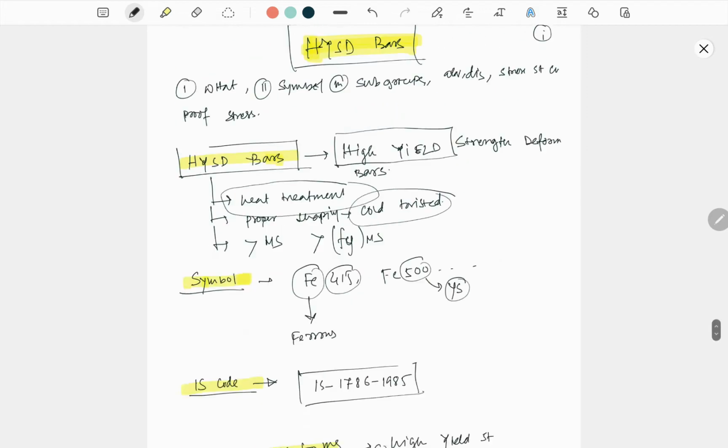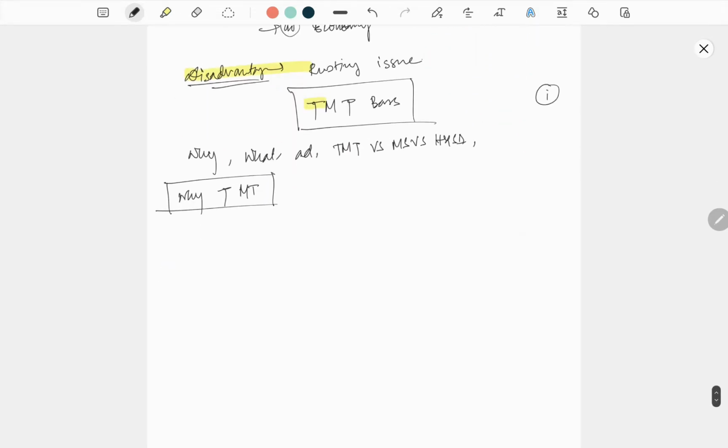One thing you tell me, mild steel has good ductility but less yield strength, or yield stress, whereas HYSD has high yield strength and low ductility, as well as good bond strength also.